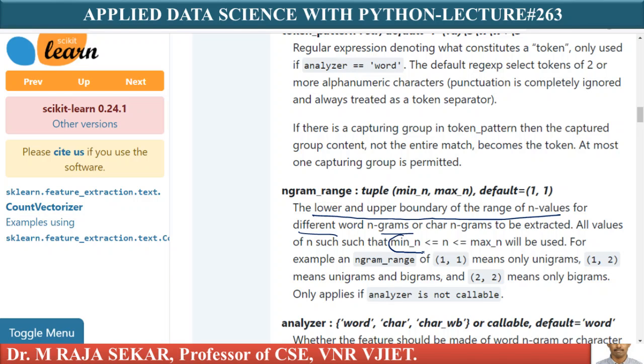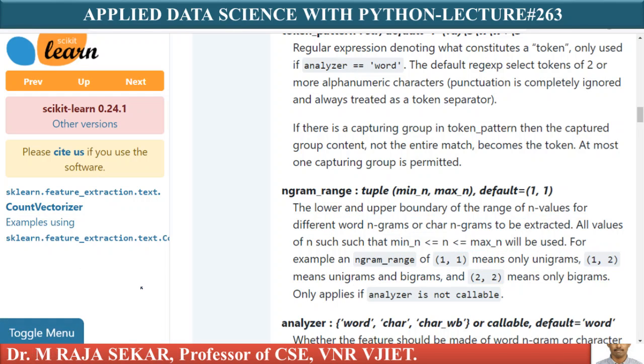This is the relation: min underscore n is less than or equal to n, less than or equal to max underscore n. 1, 1 means only unigrams. 1, 2 means unigrams and bigrams. 2, 2 means only bigrams.